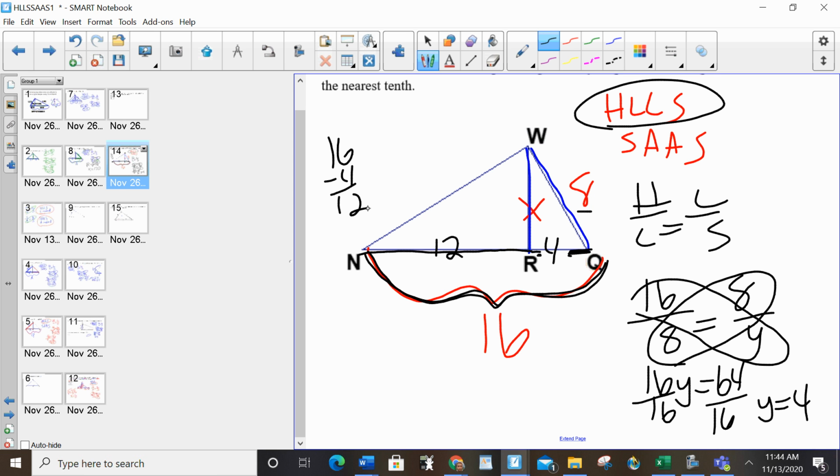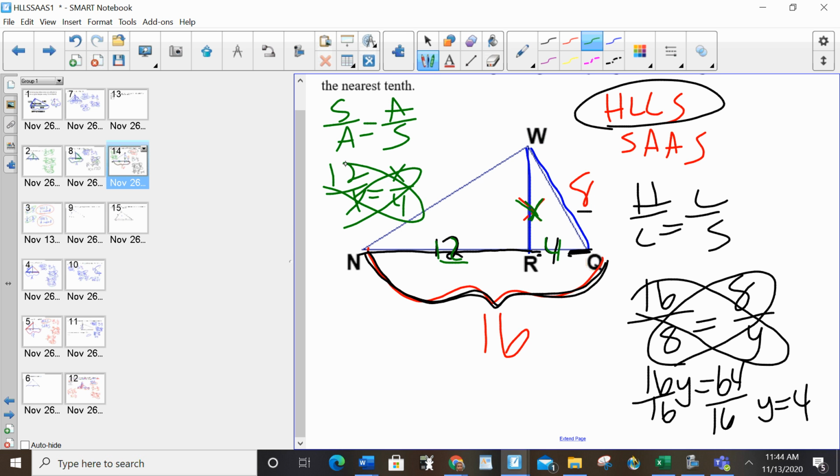Now that I have that, I have enough information to do SAS. So now, I'm going to do S over A equals A over S. 12 over X equals X over the other segment, 4. I cross multiply and solve.